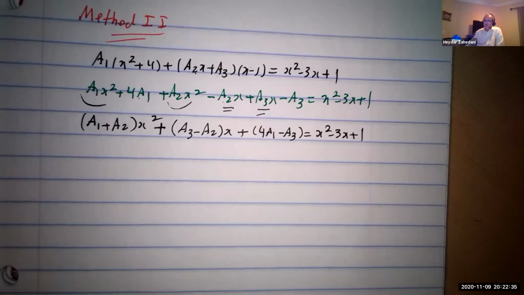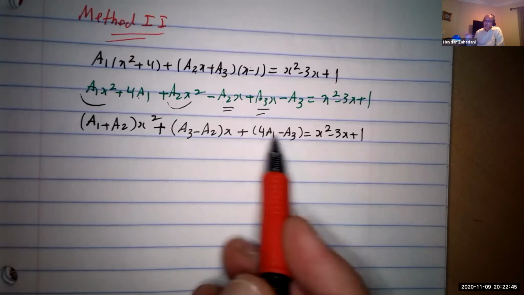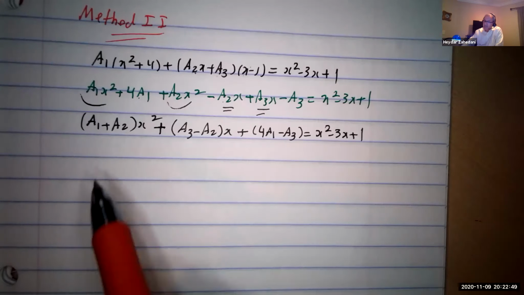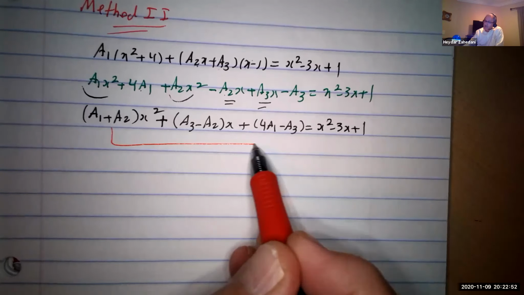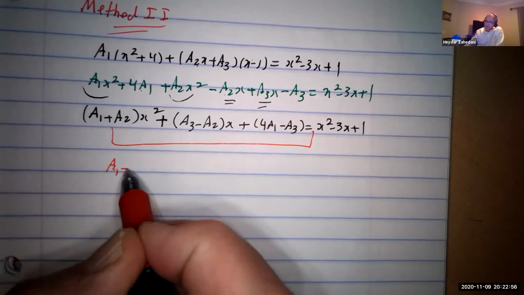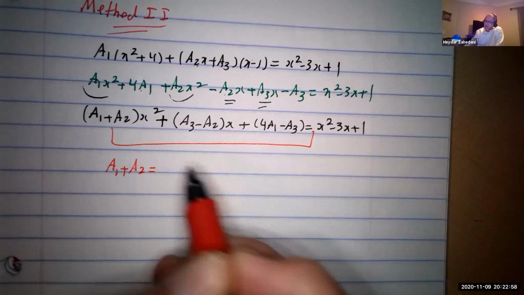You see you have two polynomials. Both of them are quadratic. They are equal to each other if the coefficients of the monomials are the same. Over here we have the x squared. These two must be the same. So that gives you a1 plus a2 equal to 1.